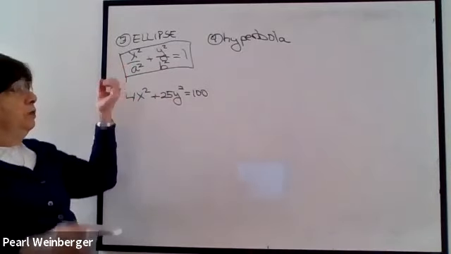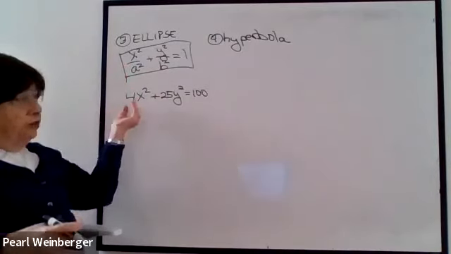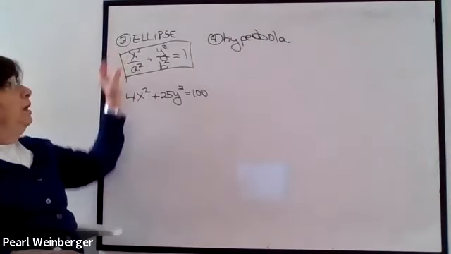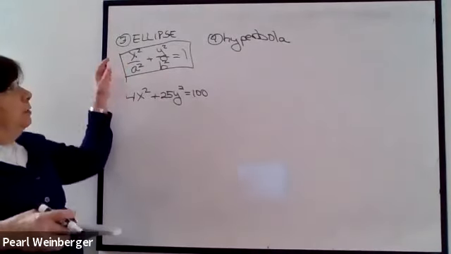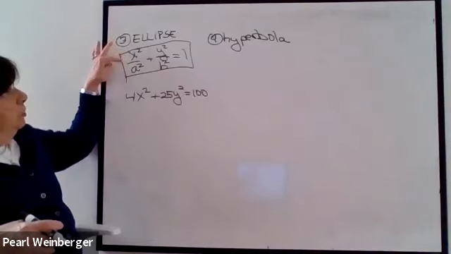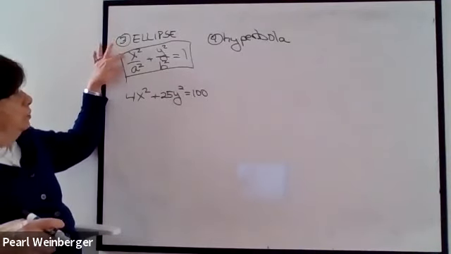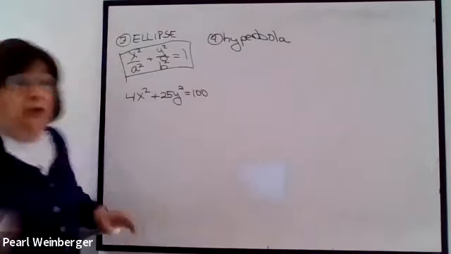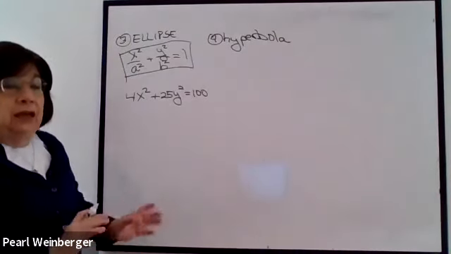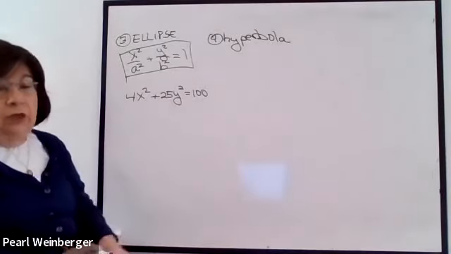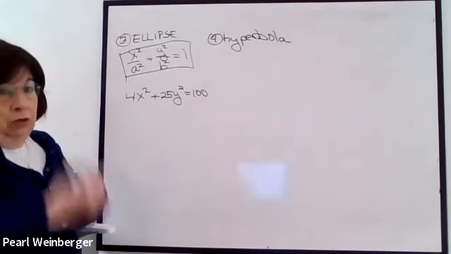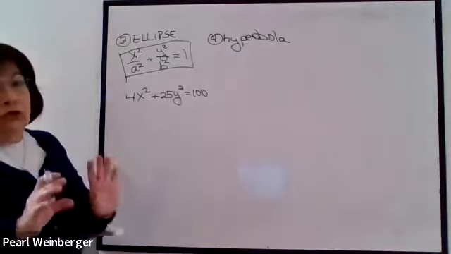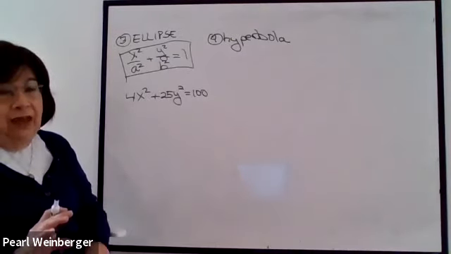Either there's numbers, coefficients right next to it, or there are numbers in the denominator. In other words, if you had an x squared over a squared, your coefficient is 1 over a squared. The x squared is not a number standing all by itself. It has a number attached to it, either in front of it or under it. That is your clue that you have an ellipse.